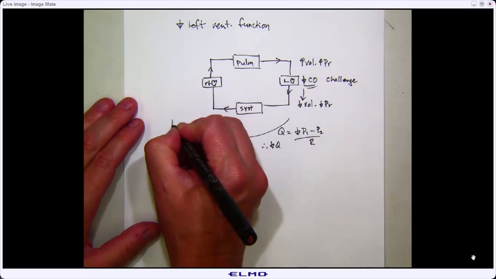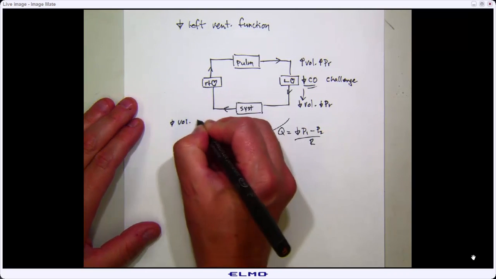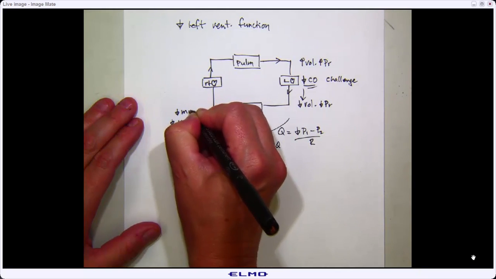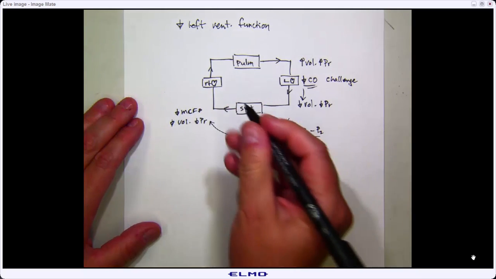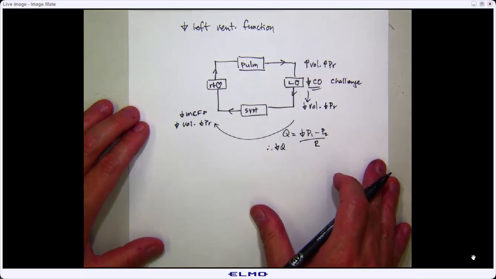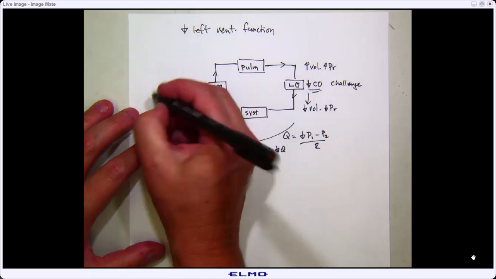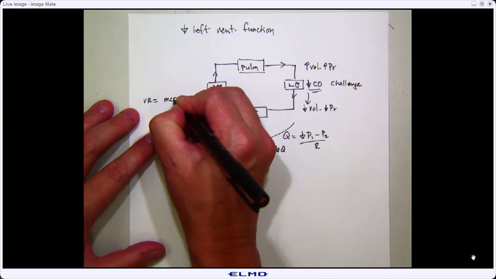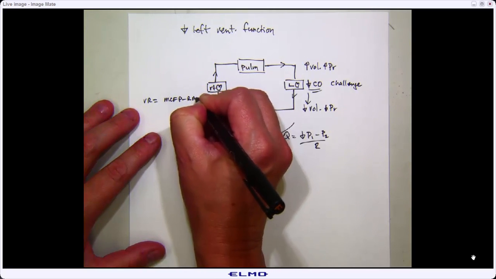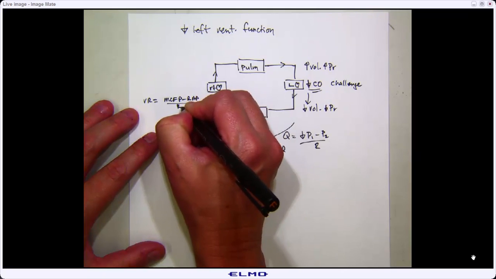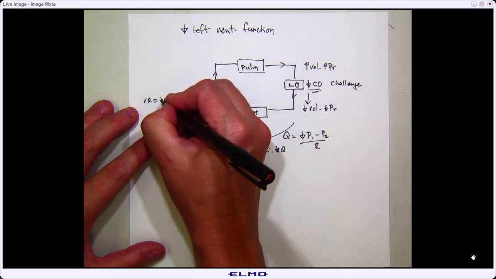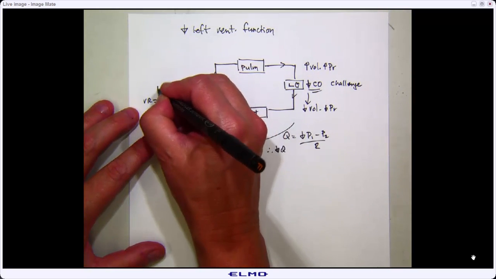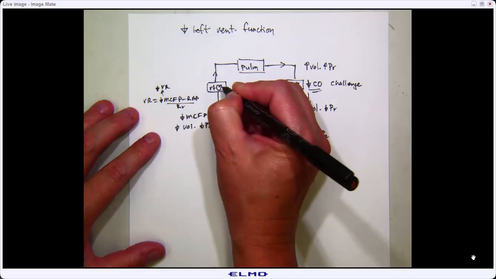So I'm going to experience a decrease in volume and a decrease in pressure here, which is really a decrease in mean circulatory filling pressure, right? And then how is that going to affect venous return? We know that venous return is equal to mean circulatory filling pressure minus right atrial pressure over resistance in the veins. We're going to drop in mean circulatory filling pressure, so we're going to get a decrease in venous return.